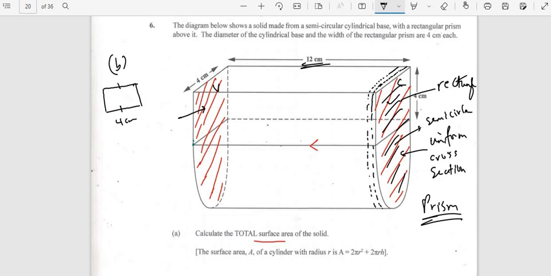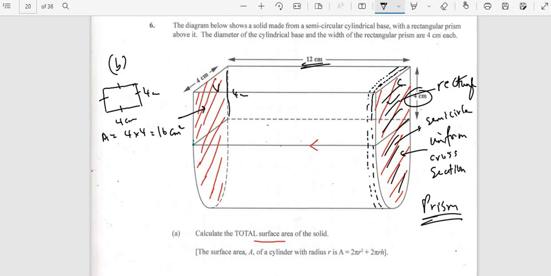We know this length and this length are the same. And here, let's go across the other face. We're told that this is actually 4 centimeters. So this must also be 4 centimeters. So basically this would be a square. And the area is equal to base by height or length by width, which is 4 times 4, which is equal to 16 square centimeters.